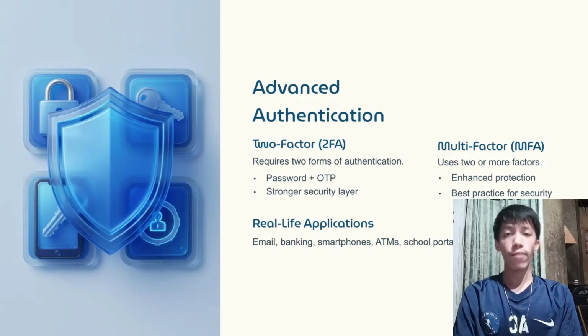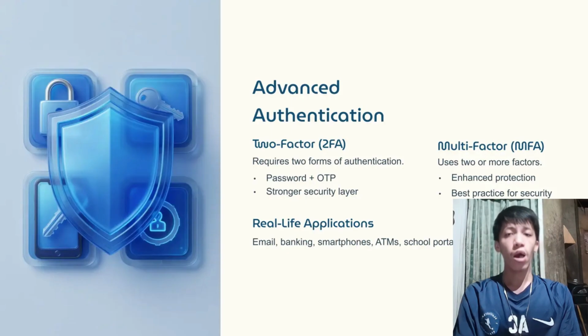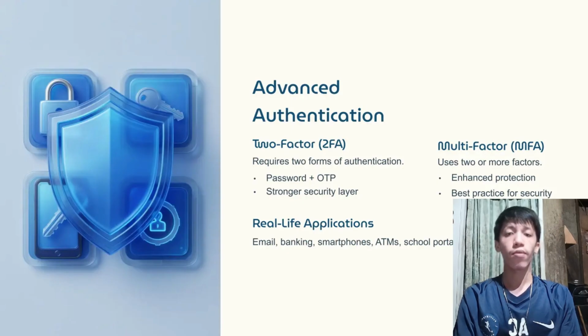Now let's talk about advanced authentication, specifically two-factor authentication and multi-factor authentication. Two-factor authentication, or 2FA, requires two different forms of verification. A common example is entering your password plus a one-time passcode, or OTP, sent to your phone. This adds a much stronger layer of security.